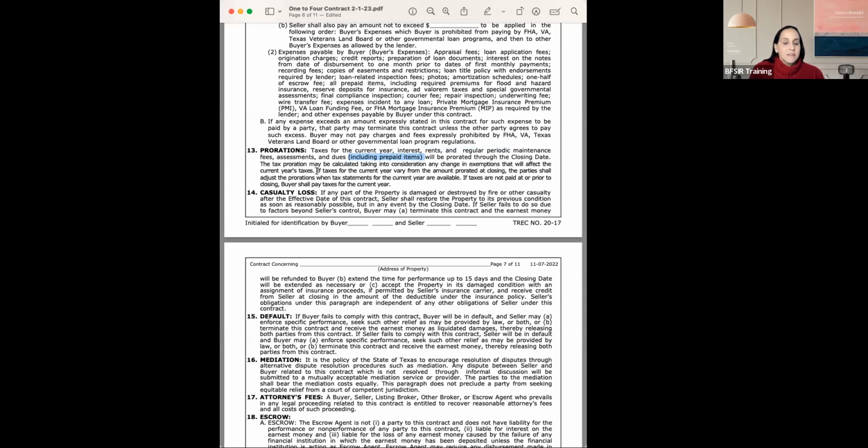And then it says also, if taxes for the current year vary from the amount prorated at closing, the parties will adjust the prorations when the tax statements for the current year are available. If taxes are not paid at or prior to closing, buyer shall pay taxes for the current year. There's also a document they sign at closing called a tax proration agreement, saying that if what they prorated on was off, the parties will fix it later.